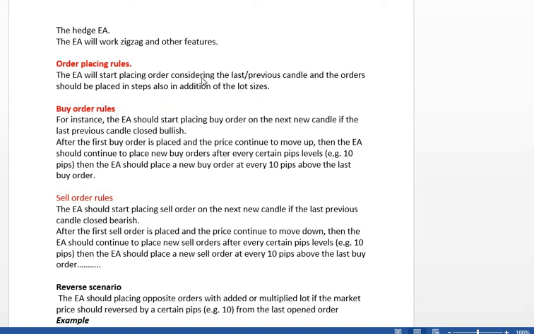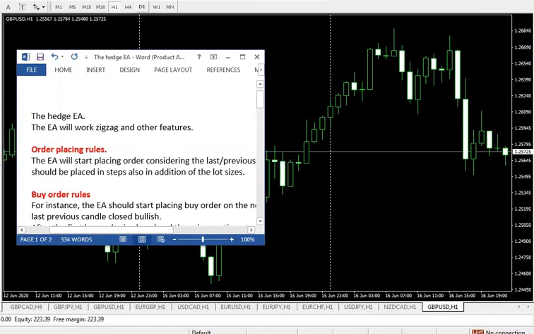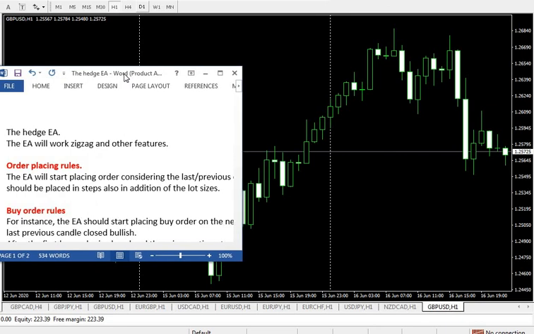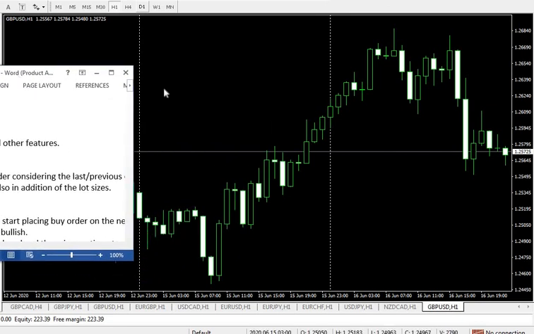Let me explain this particular area on the chart. Let's get to the chart so that I can explain this to you. What I mean is this: at the time that we set up the EA, we attach the EA, or we trigger the EA on the trading platform.